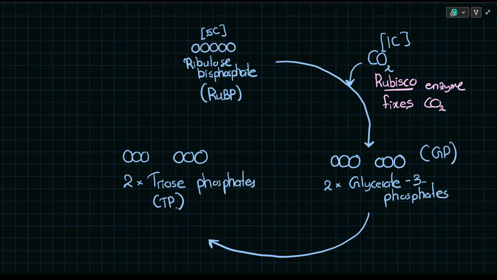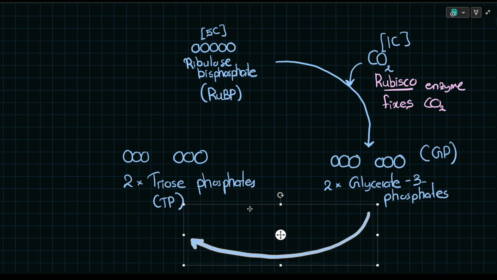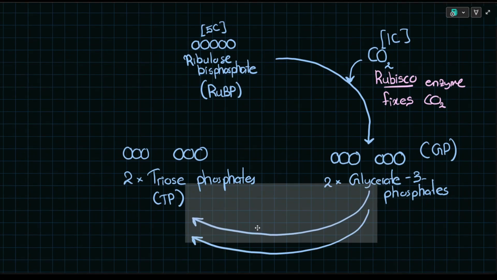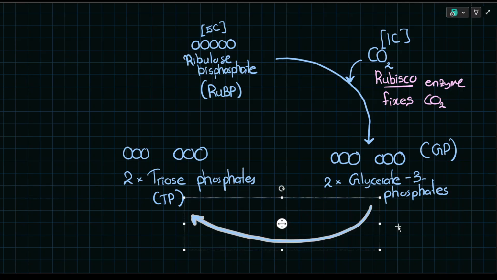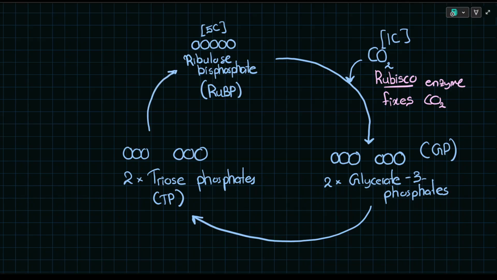Let me adjust this arrow a little bit. We have 2 triose phosphates, like so. And then we go from the triose phosphate back to the RuBP, ribulose bisphosphate. The cycle is now complete.